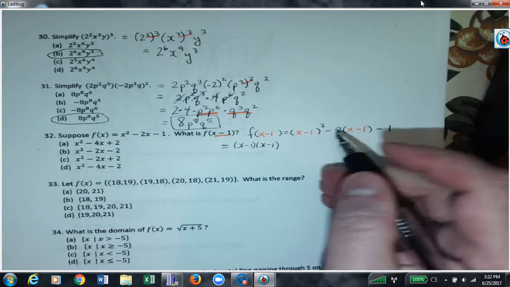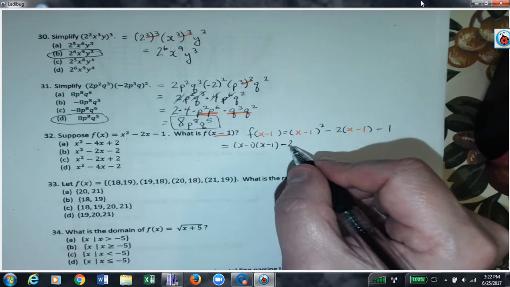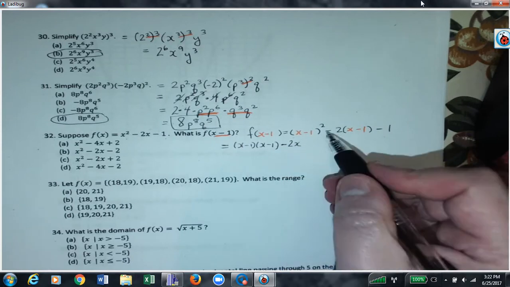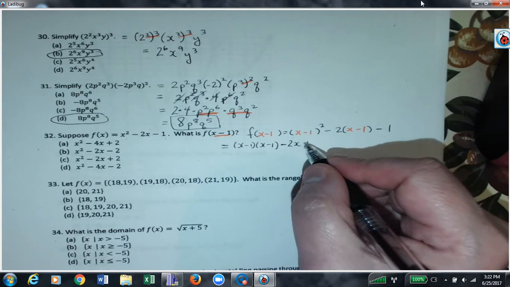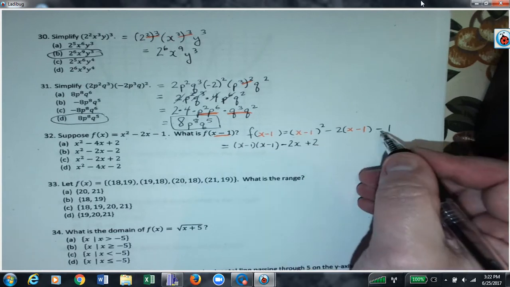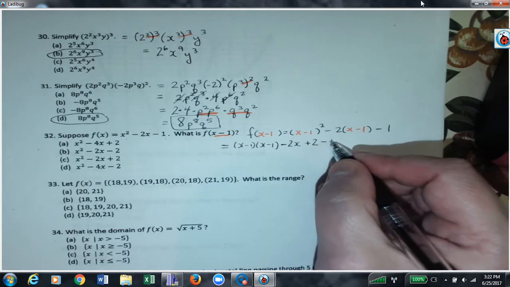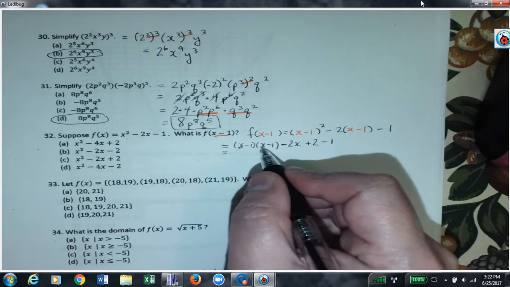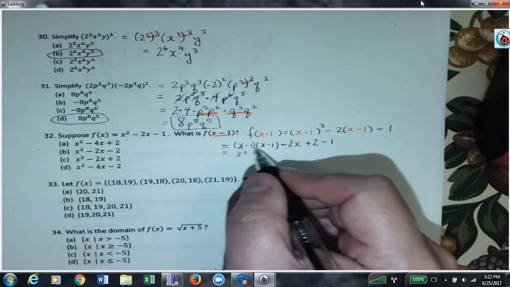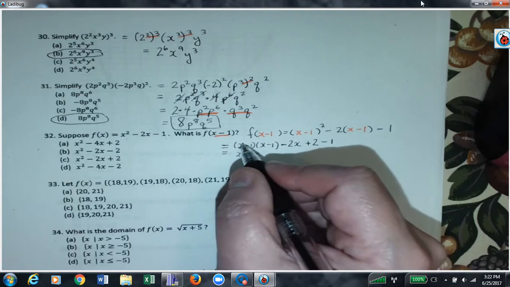So I have minus 2 times x. Then -2 times -1, and then minus 1. And now I'm going to FOIL this. I'll have x squared minus x.